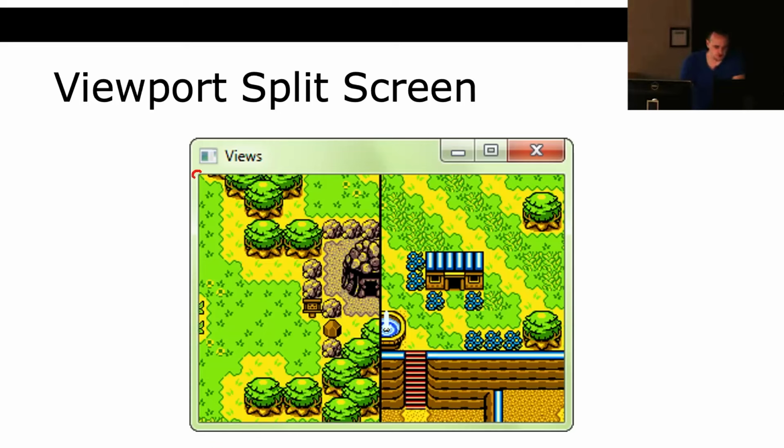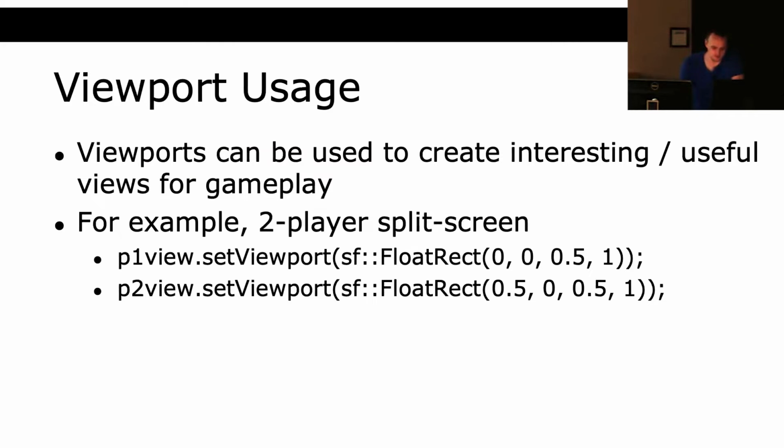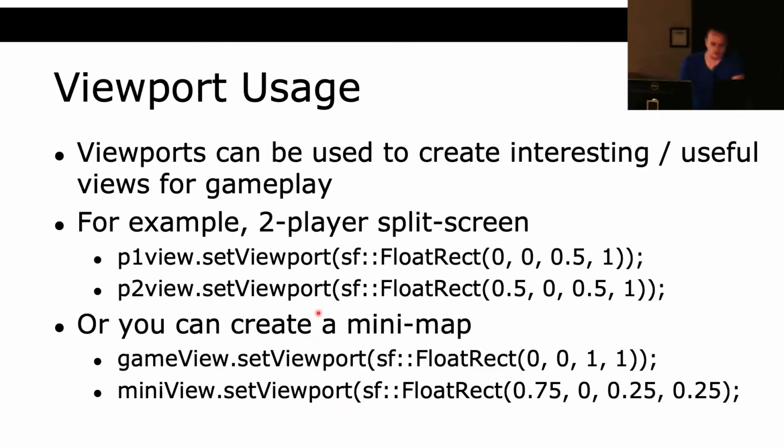So it starts up here at 0, 0, goes across 0.5, and the height is 1. And then the second player's view starts at x 0.5, y 0. That's half the way over, but still at the top, and then has the same width and the same height. So if we go back, is that the same? Yes, it is.